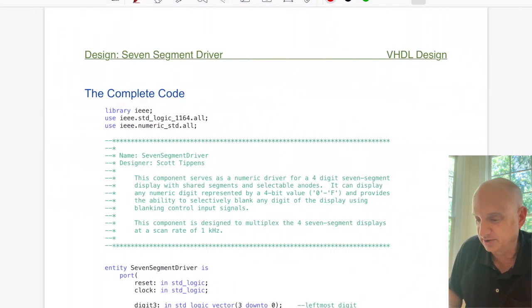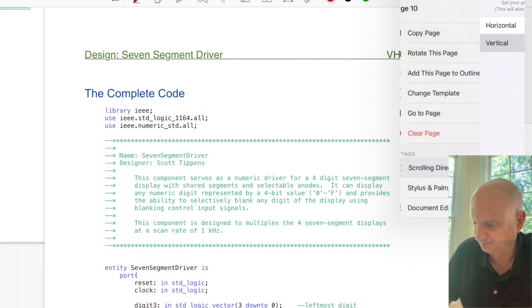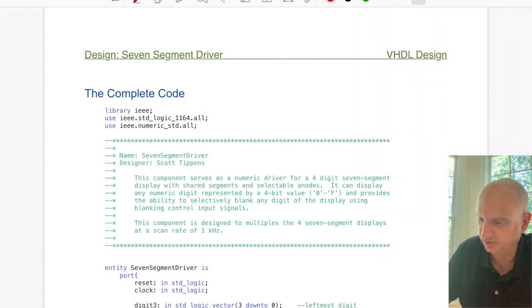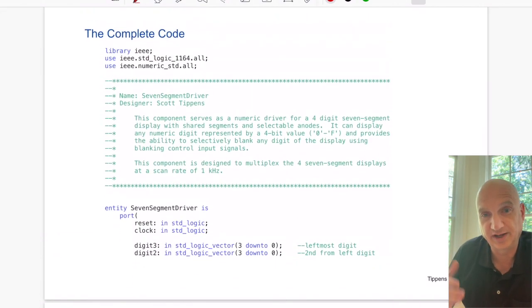So I've included in the slides the entire program showing the full commenting and the various elements in there for you to review. We won't go over that here because we're really focused primarily on the sequential elements of our system and how to tie that together.